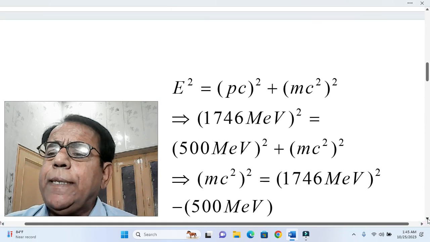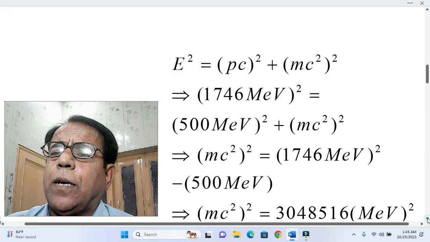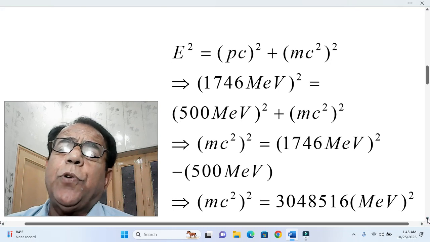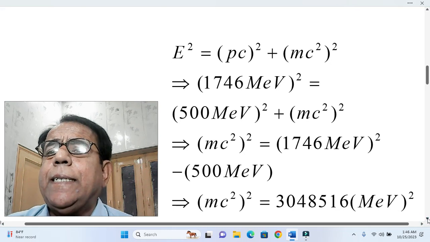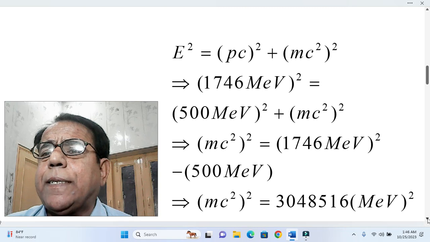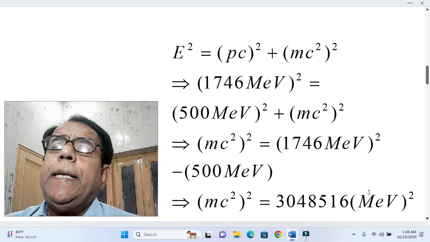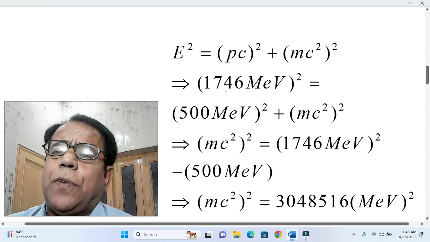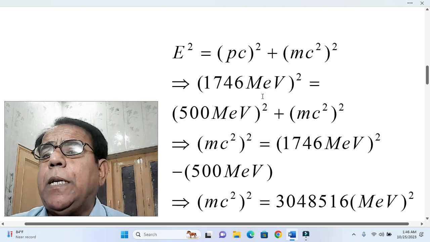In view of these three snapshots, we start our solution from this equation that E square is equal to P square c square plus mc square whole square. E is given in this statement, which is 1746 million electron volt.